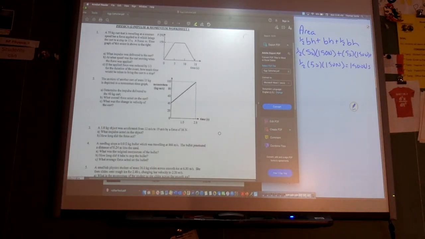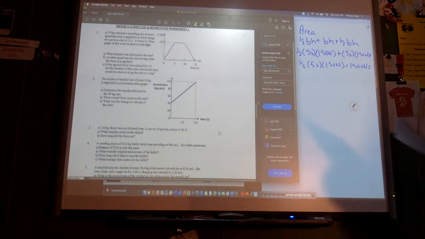What speed was the car moving when it was hit?